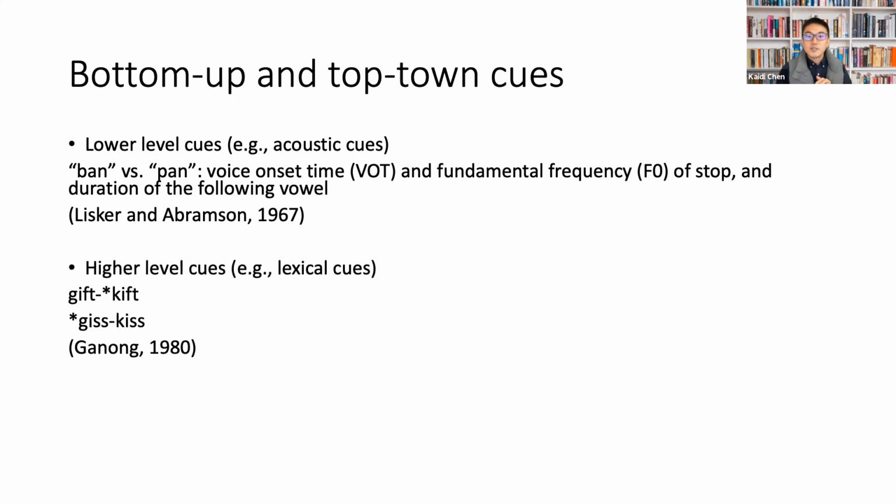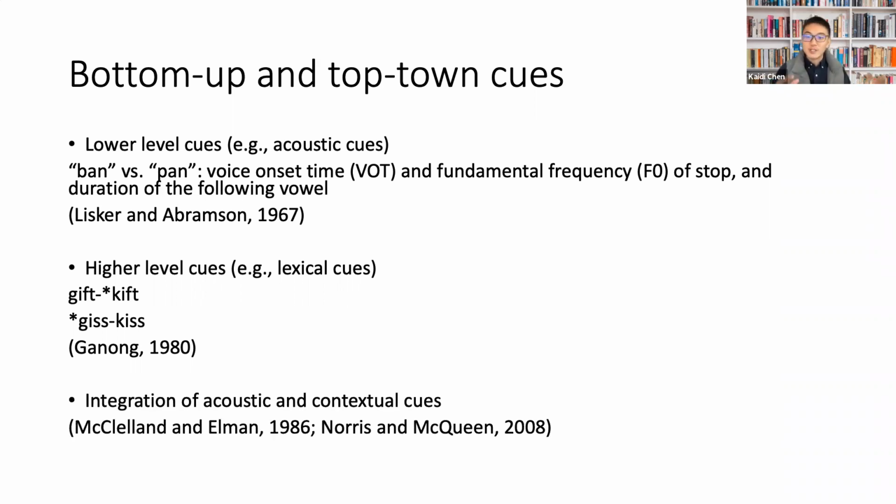And listeners can also use higher level cues, such as lexical context. For example, the classical Ganong effect. Listeners would be more likely to hear gift rather than kift, and more likely to hear kiss rather than giss, because they know it's a word, especially when acoustic cues are ambiguous.